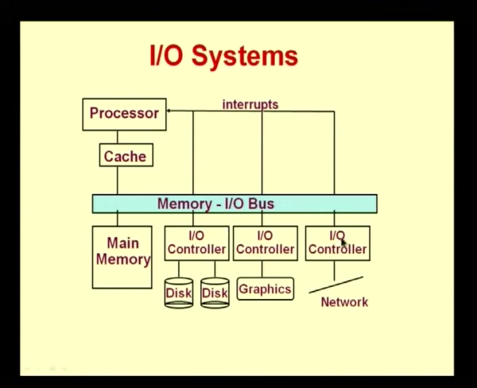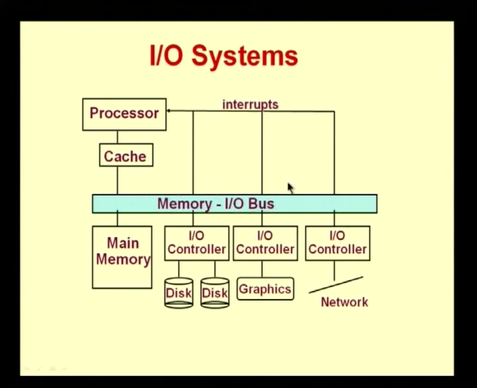So, you would have different input output controllers which connect to the actual I/O devices, and these in turn would be connected to the processor by means of this I/O bus, and they will also have some mechanism by which they are able to send some messages to the processor. Typically that kind of a mechanism would be what we call an interrupt system. So, this is basically what you would see in any computer system, that is, you will have this interface in between which connects these different devices.